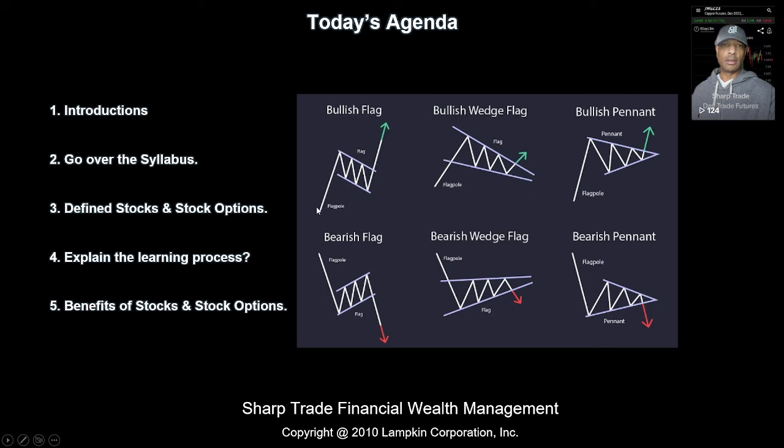It's indicated by this top line right here, this purple one, which is called the resistance. It's resisting breaking through that top portion of the flag. This bottom line is a trend line.